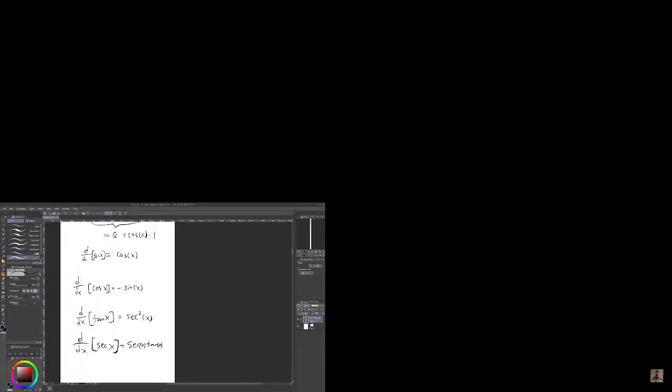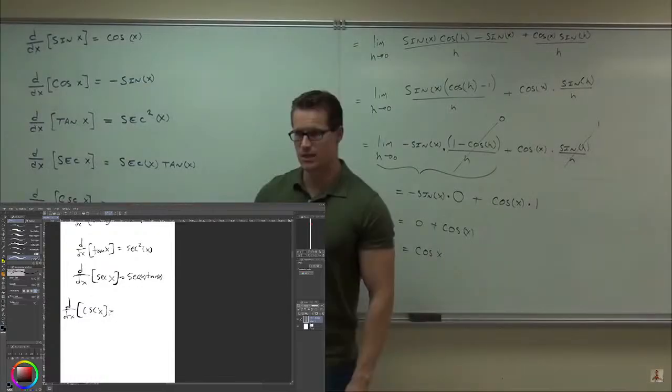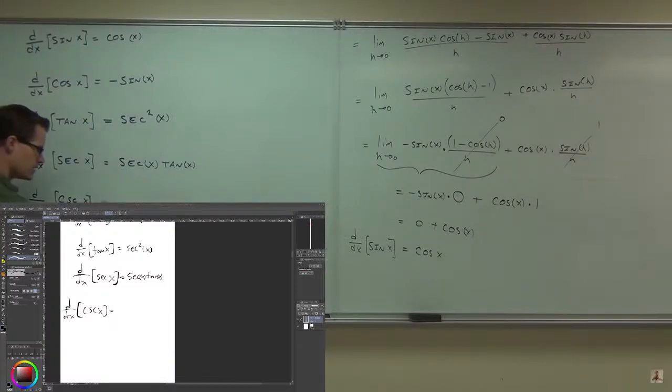What's the next one I want to do? Cosecant. Derivative of cosecant, well, cosecant is 1 over sine, so if you did the quotient rule again, you should be able to find out what it is. This is negative cosecant cotangent.